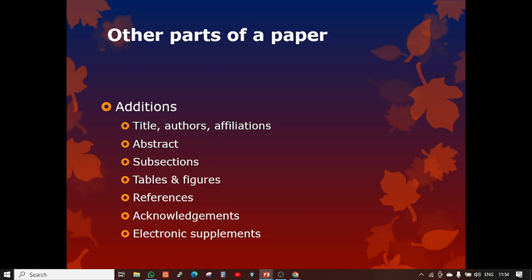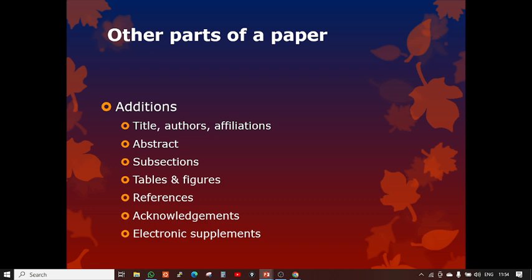Then there are subsections within the introduction or the materials and methods section. There are some subheadings also. For example, in the materials section, the materials used, chemicals used, then the different methods used for BOD, COD, and water analysis. So all of these come under subsections of each individual section.